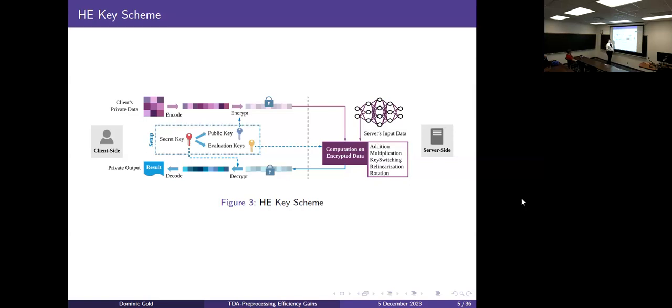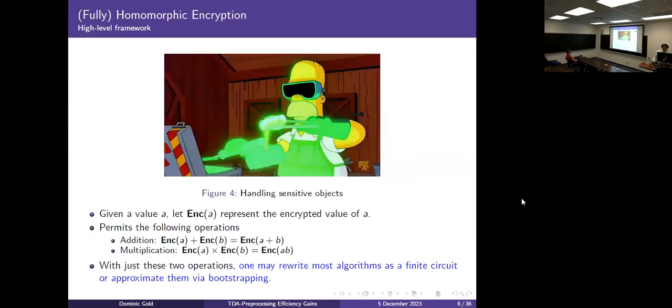And then once it's done doing exactly what you told it to, it sends it back through the trust barrier, again as a zip file, as an email, as something, back to the client. So the client owns it now, and they use their secret key to decrypt and get the desired result. So that is the high-level overview of a homomorphic encryption scheme.